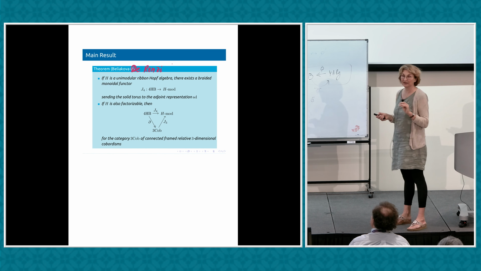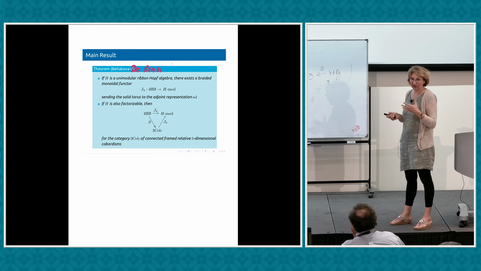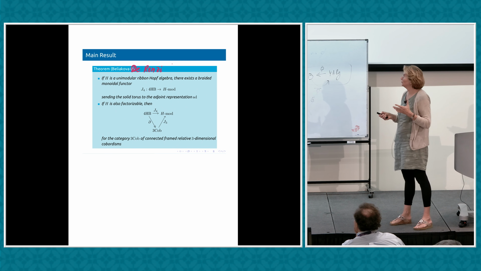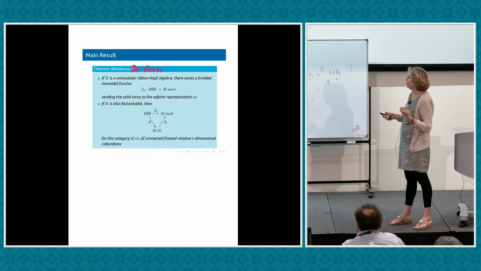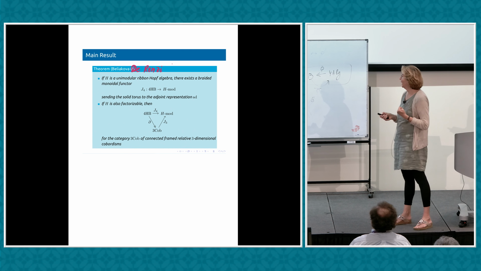So this means that, exactly like in the 2-dimensional case, this algebraic presentation allows you to classify all 4-dimensional TQFTs, in the sense that given any such algebra, you have this functor. And now if your algebra is also factorizable, then this functor actually factorizes through 3-cobordisms.